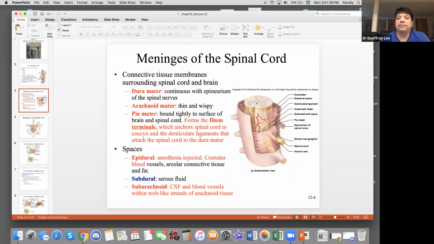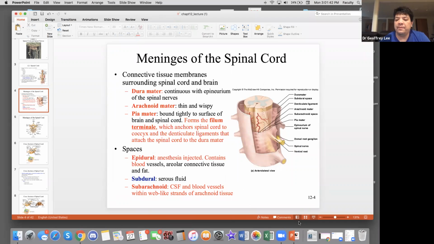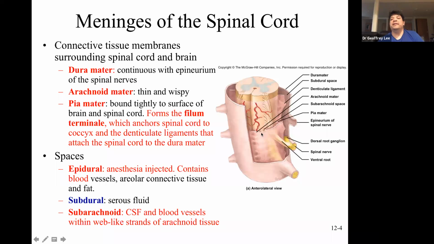Now, the subarachnoid space means that it's deep to the arachnoid mater. It's between the arachnoid mater and the deepest layer of our three meninges, which is called the pia mater. The pia mater is intimate with the brain and the spinal cord, meaning that you can't remove the pia mater without damaging the brain and the spinal cord.